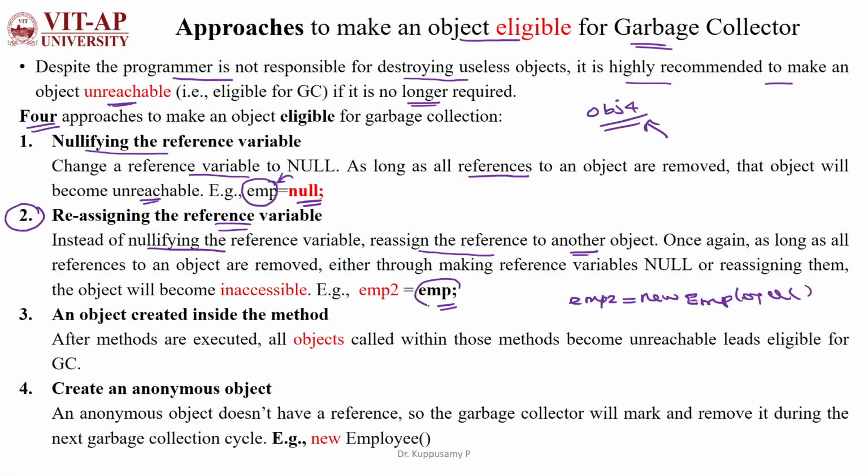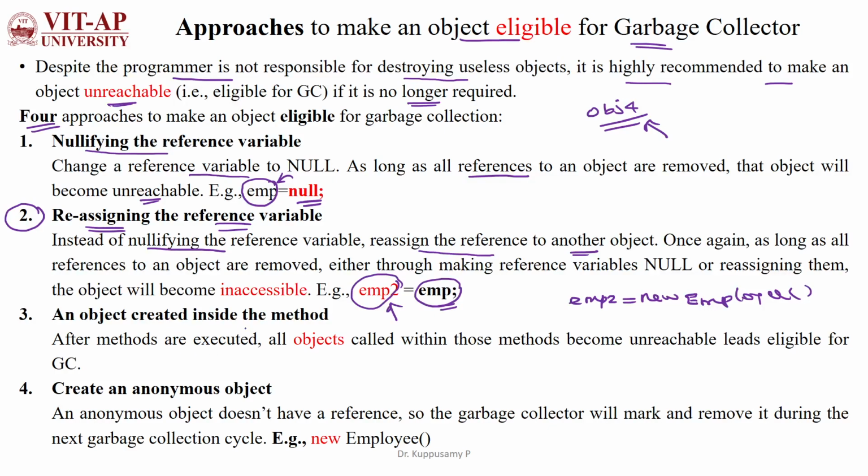Now emp is assigned to emp2, so we are just reassigning the reference variable. That also makes the object unreachable. Once we assign this, that object becomes inaccessible or unreachable.